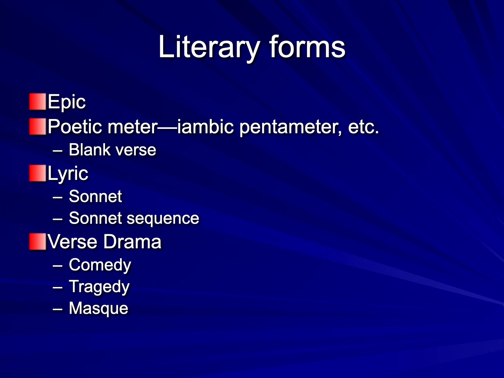We'll talk about blank verse when we get to Milton. The lyric, and those are a lot of the poems that you have first. Short, personal, emotional poems. Not epic poems of heroes and monsters. Sonnets and the sonnet sequences, and the sonnet lecture will go into that.